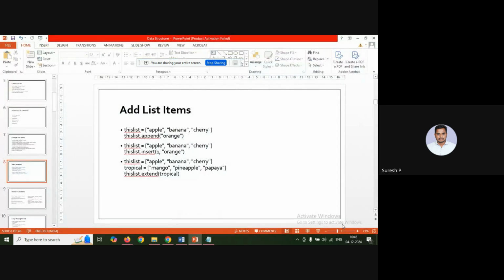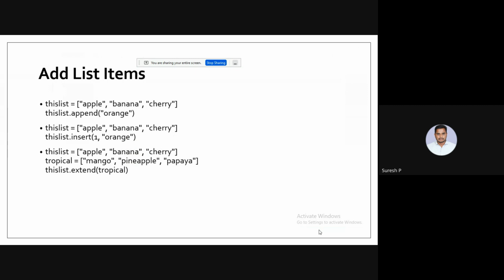Yeah, so the next one is, initially we are having a list. After that, if you want to add some elements in the list, that is also possible. For that, we are having some predefined functions related with the list module. Okay, we all know that particularly when you take the Python programming language, we are having a lot of built-in functions.